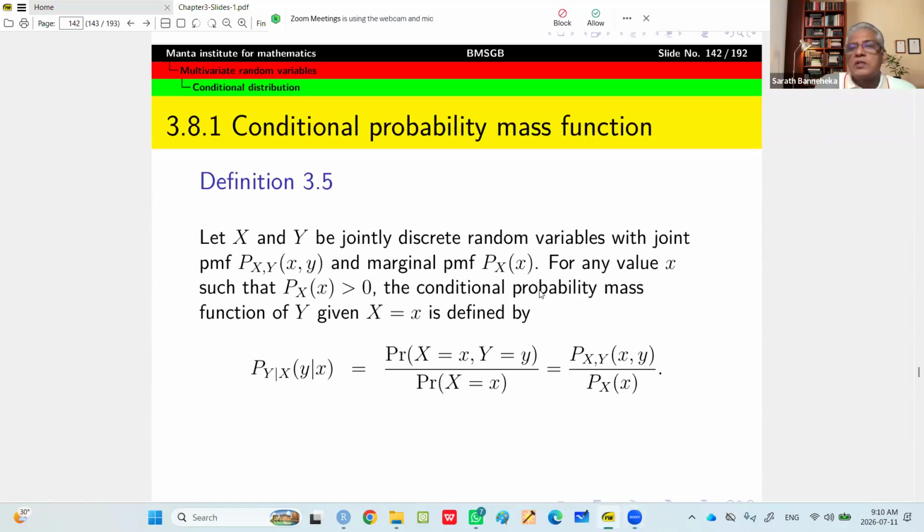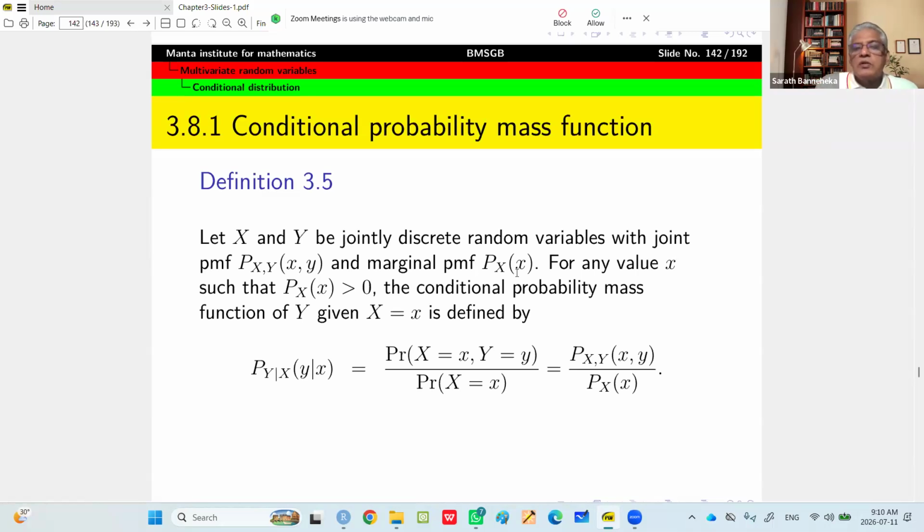So we will first look at the situation when both X and Y are discrete. Let capital X and capital Y be jointly discrete random variables with joint probability mass function given by the usual notation that we have been using, P_XY(x, y), and the marginal probability mass function of X is given by P_X(x).